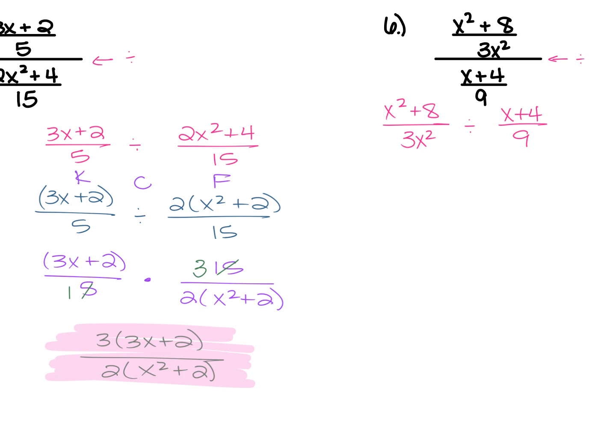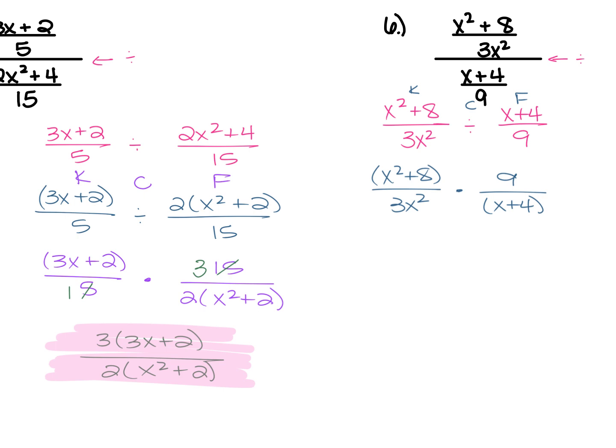You don't have a greatest common factor within the same expression. You can't factor by difference of squares, nothing. So keep the first, change to multiplication, flip the second. You're going to have (x² + 8)/(3x²) times 9/(x + 4).